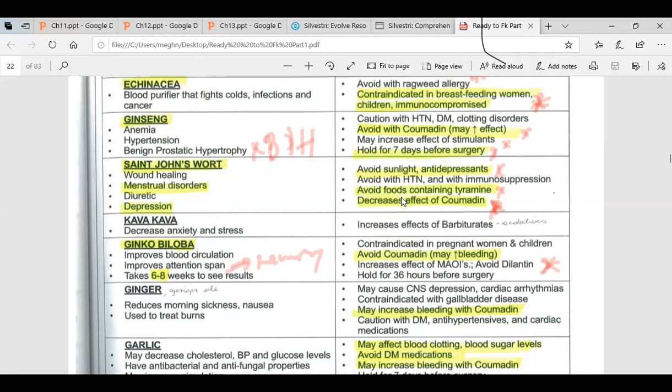Avoid food containing tyramine. Tyramine-containing food and St. John's wort are not good to eat together.